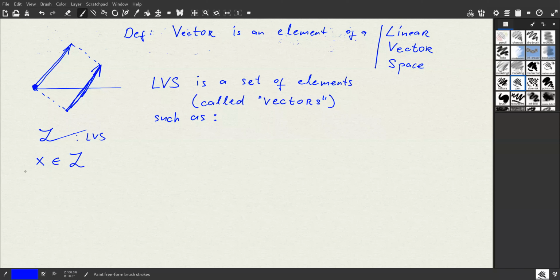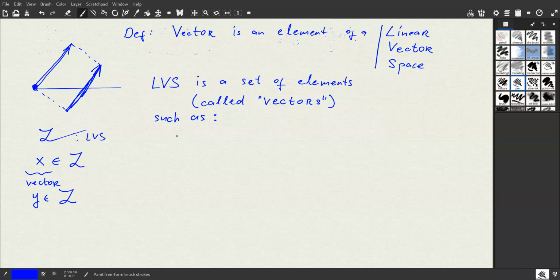So X is a vector in this case. Let's say Y is a vector, also an element of this linear vector space. So, first of all, for elements of this vector space, we have an operation called addition. There is a defined operation called addition.